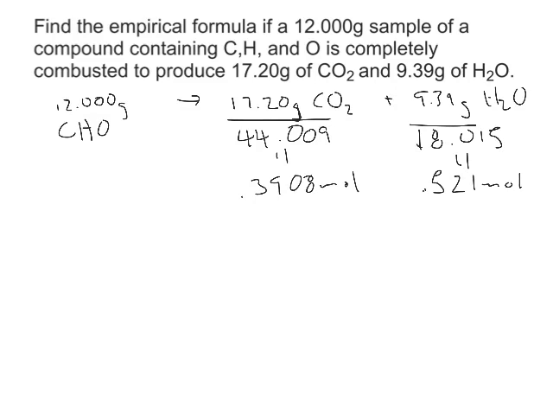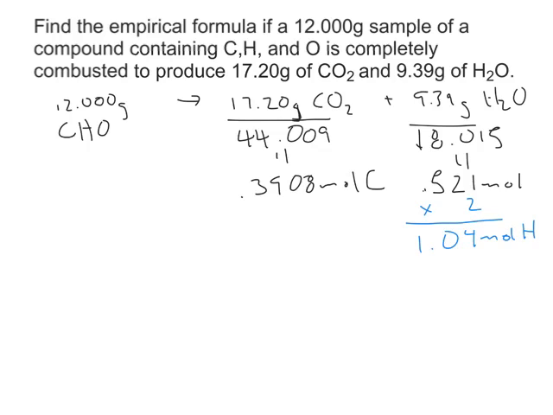Okay. This is equal to my number of moles of carbon, again because there's one carbon in this, and multiply this guy by 2 to get my moles of hydrogen.